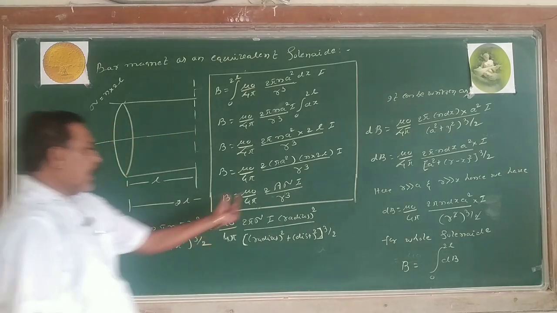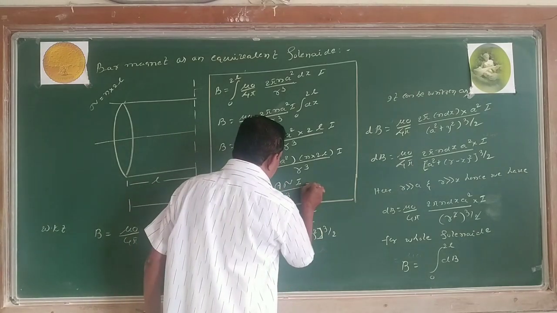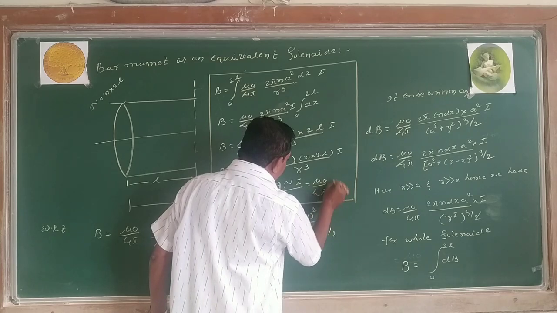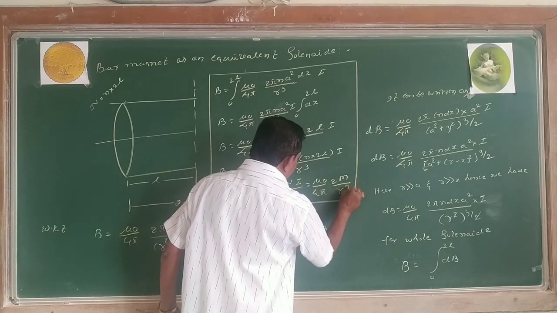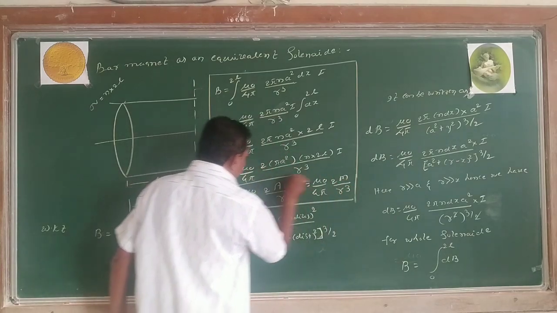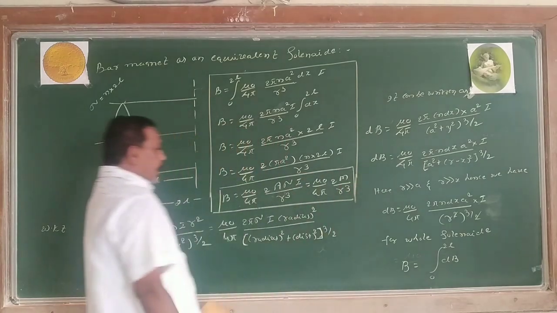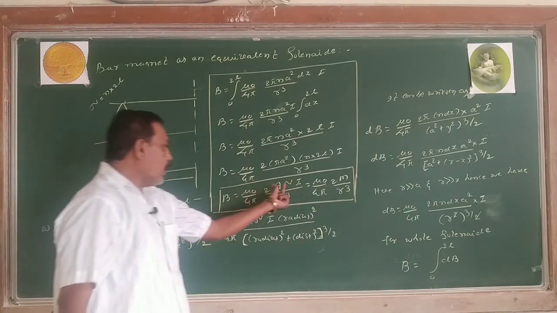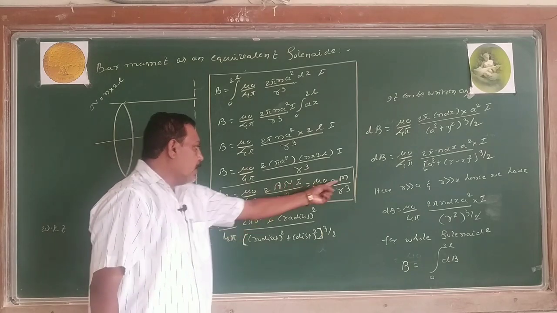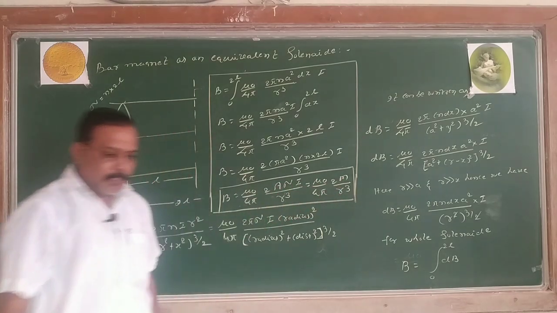NIA is the magnetic dipole moment. Mu naught divided by 4 pi, 2m by r cube. This is our equation. Magnetic dipole moment m equals I into A, for n number of turns NIA is the magnetic dipole moment. Look at the equation once fully.